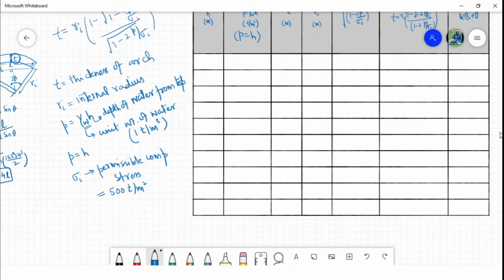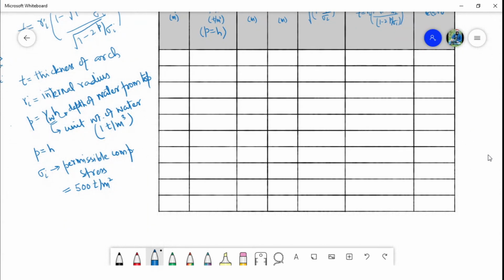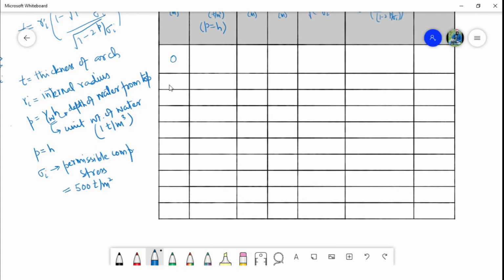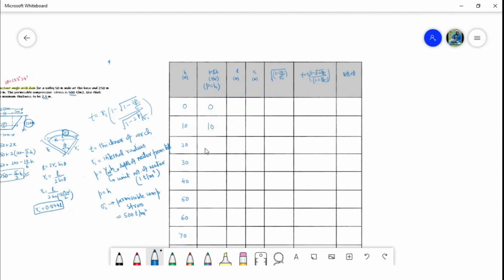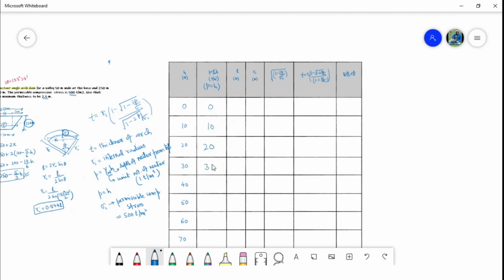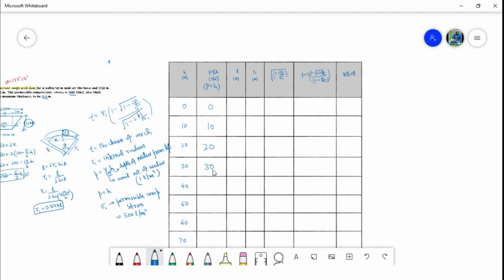So since our dam is 120-meter high, let us divide our dam at 10-meter interval. So at the top the height is 0. Since the water pressure is equal to H, whatever will be the value of H here, the same will be the value of pressure.